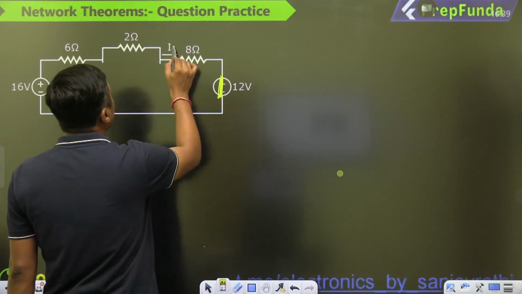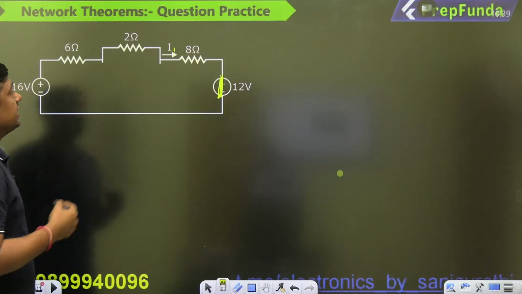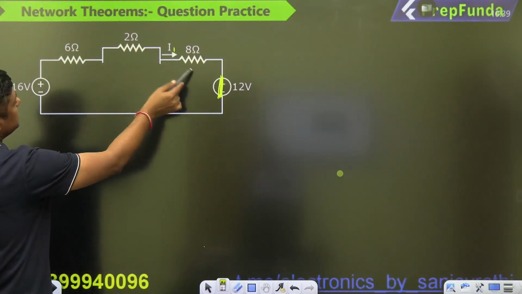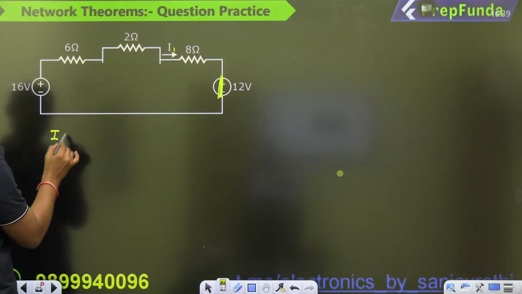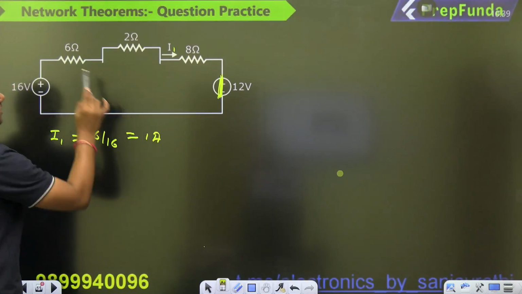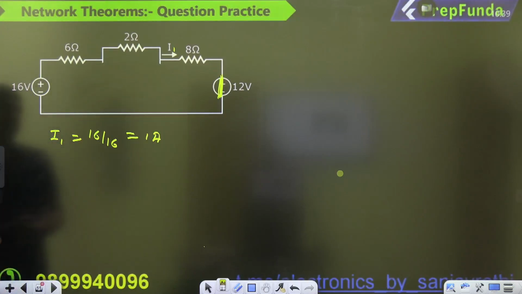This is called I1. Find I1 in the first diagram. This is very simple. 6 plus 2 is 8, plus 8 is 16. 16 divided by 16. What is I1? 1 ampere.